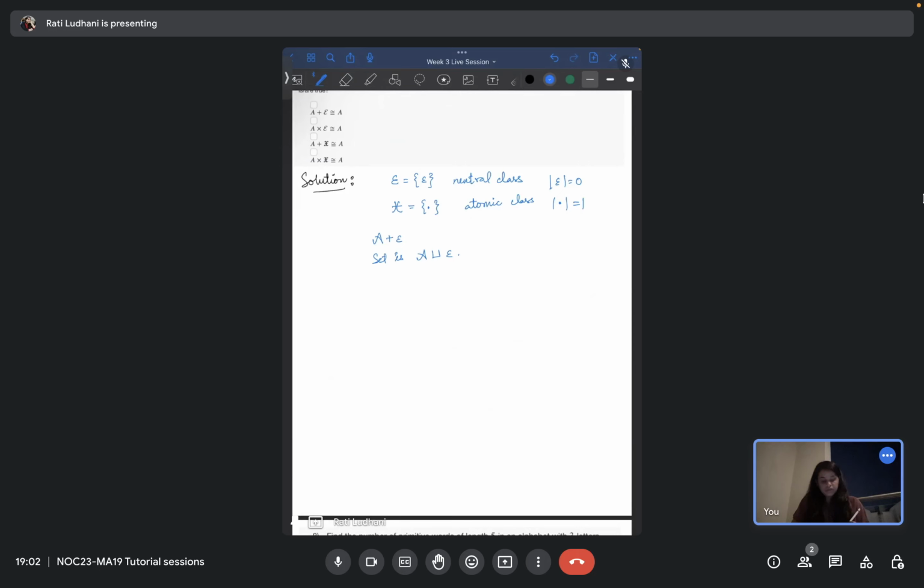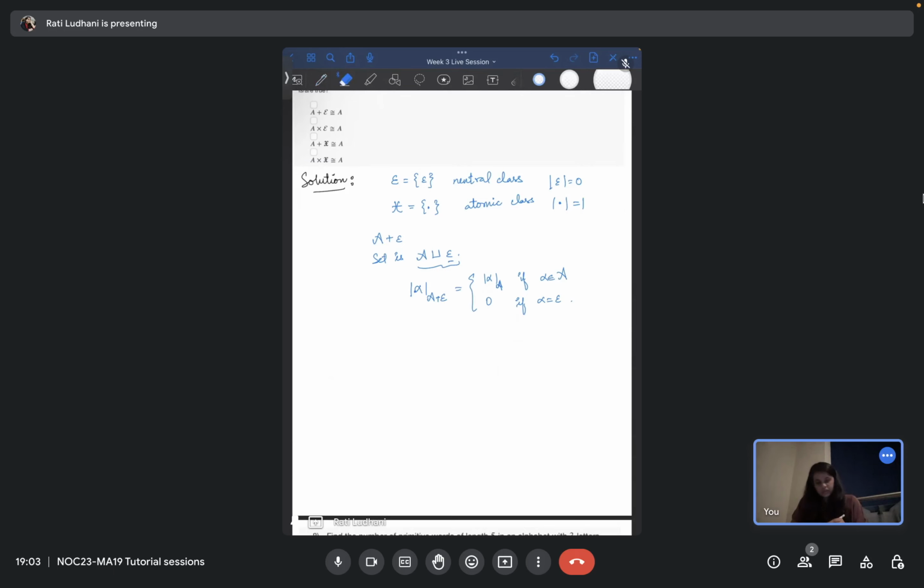For any alpha in A plus epsilon, the size will be the size of alpha in A if alpha belongs to A, and this will be just 0 if alpha is equal to epsilon. Now, is this isomorphic to A? What is an isomorphism?